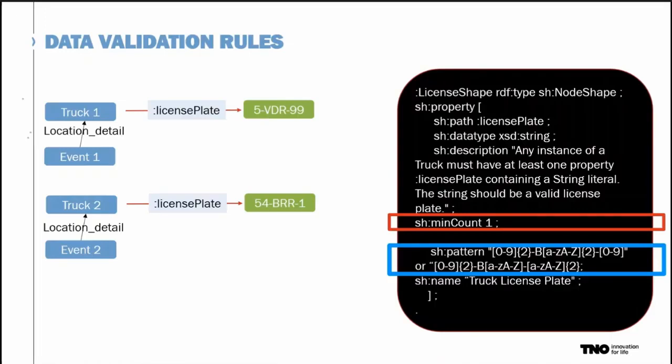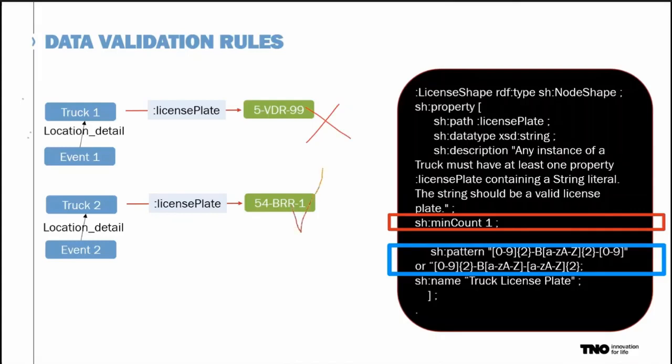But we also gave a pattern that the license plate should follow. And in this case, in a regular expression, we wrote the two valid license plates for trucks. And then we can see that the first truck does not have a valid license plate, but that the second truck does have a valid license plate.